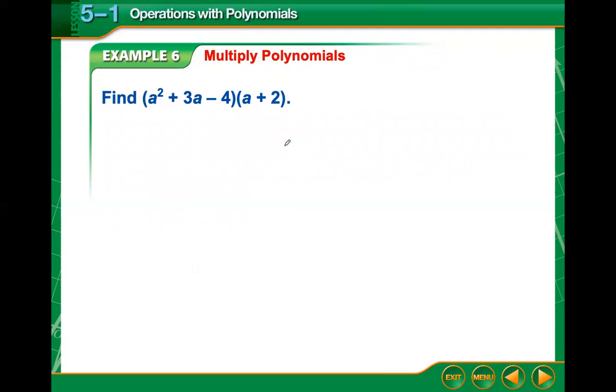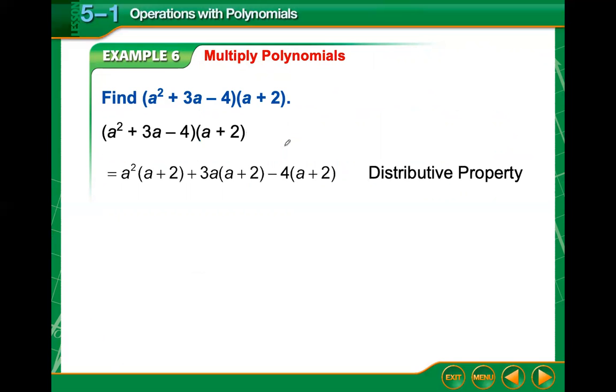Moving on to multiplying, which is what we really want to look at. We're going to find a squared plus 3a minus 4 times a plus 2. So here they're going to show you distributive property. Generally, though, when we work this one out in class, we will go ahead and show the distributive property as a box. And the main reason we show it as a box is when you compare how it's written, you will get the same information.